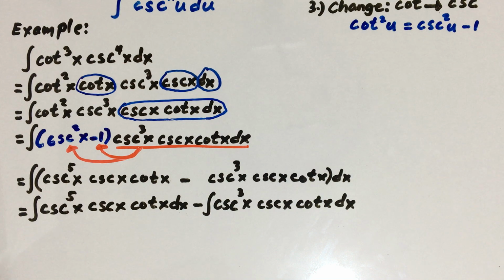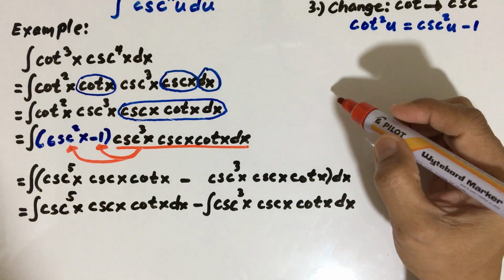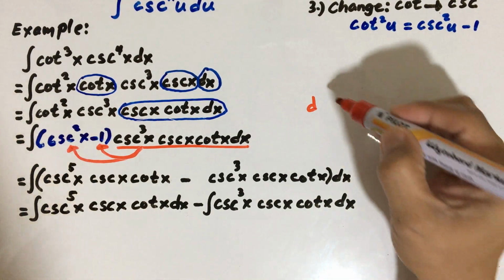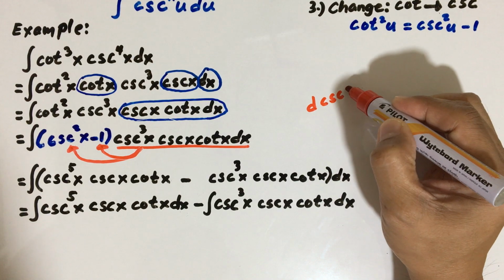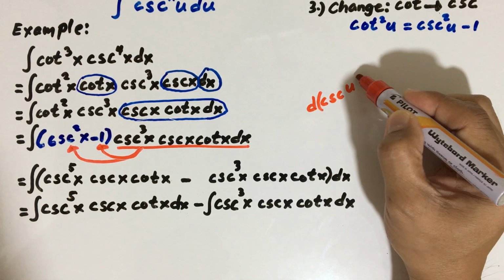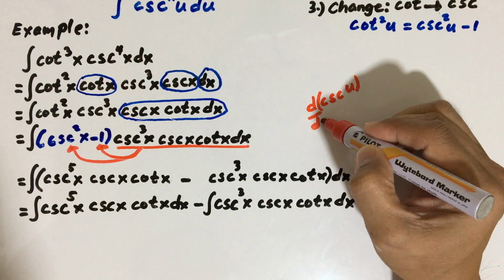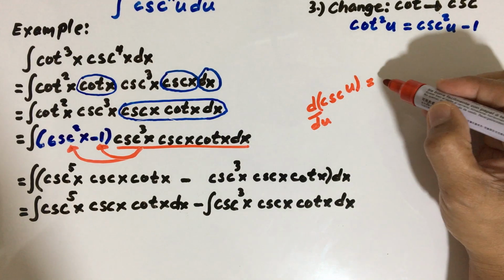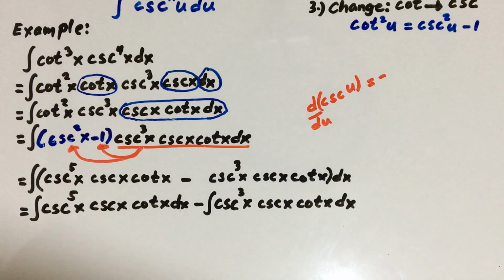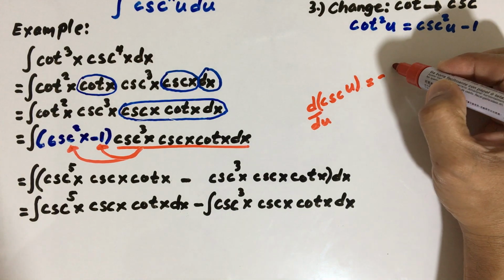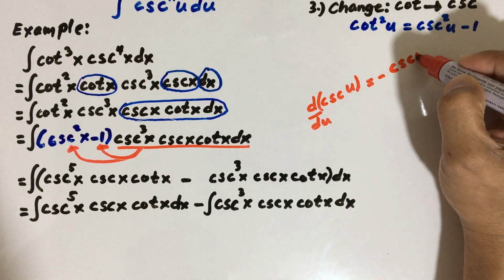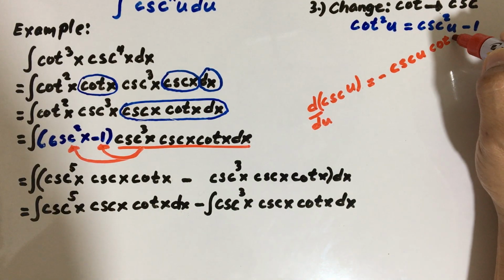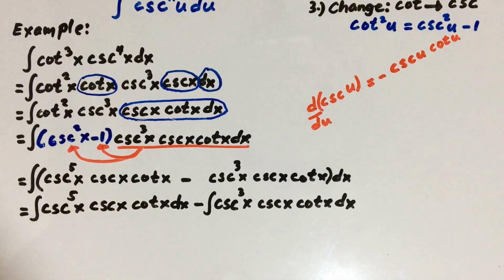From our differential calculus, we have the derivative of cosecant u with respect to u, which is equivalent to negative cosecant u cotangent u. I hope you still remember that formula.